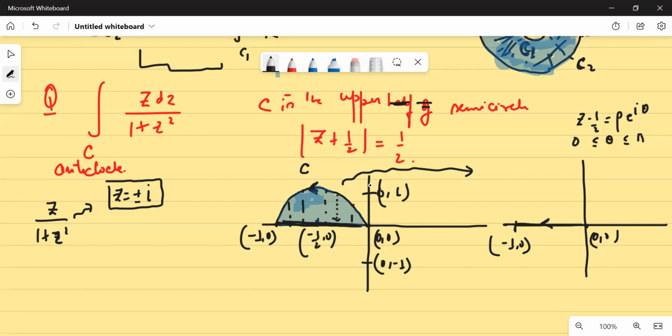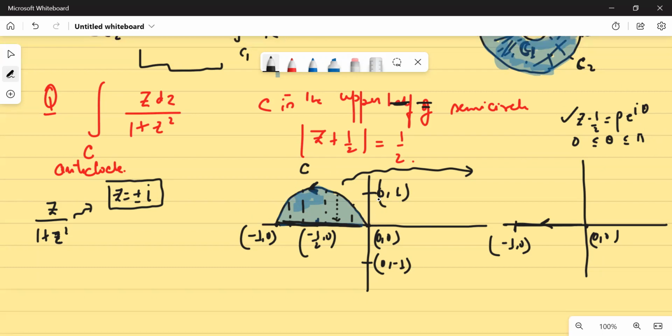Are you getting my point? I'm not interested in how to find this integral that way, because otherwise I'll have to write the parametric equation for the circle or semicircle.